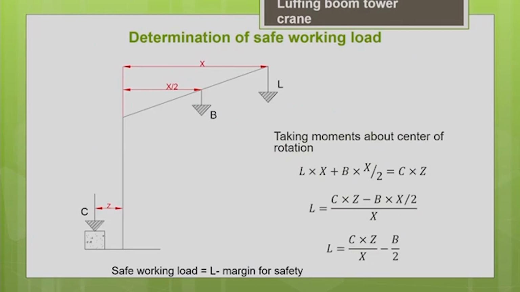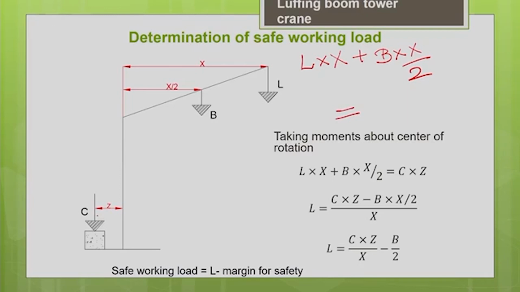Now, let us see how to determine the safe working load for the luffing boom tower crane. In the same way, we equate the overturning moment to the stabilizing moment. Here the load is L, into the horizontal distance from the load line to the fulcrum point, X, plus the boom weight B multiplied by X by 2, since I am taking it from the center of the boom, equal to the stabilizing moment.